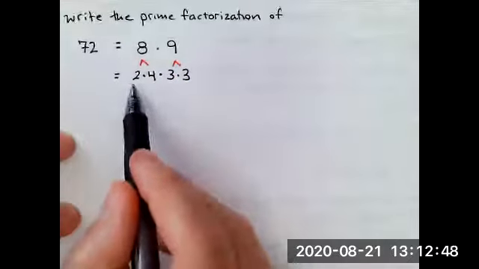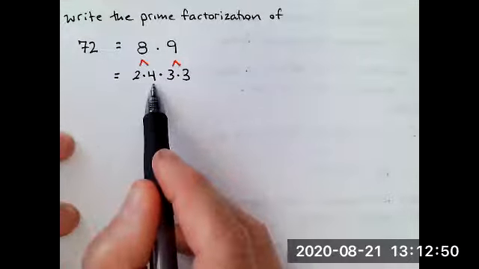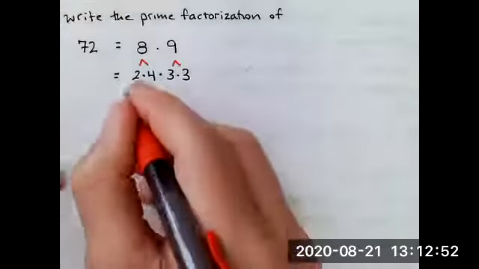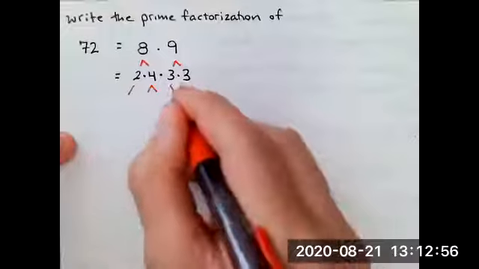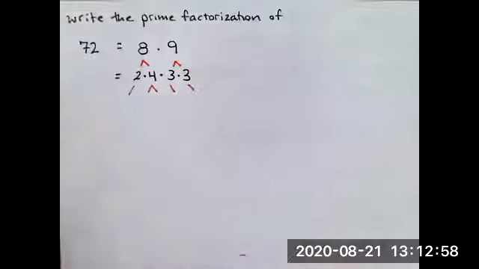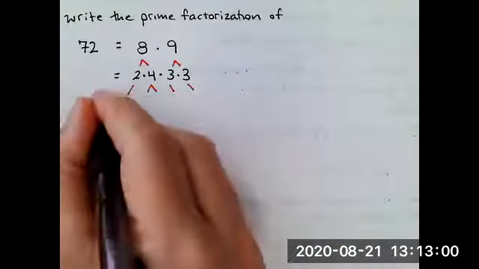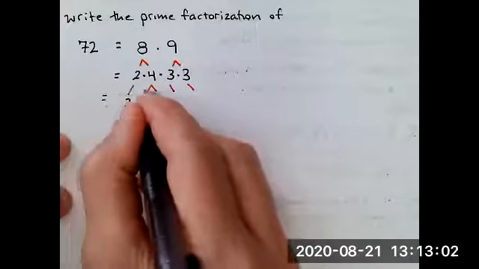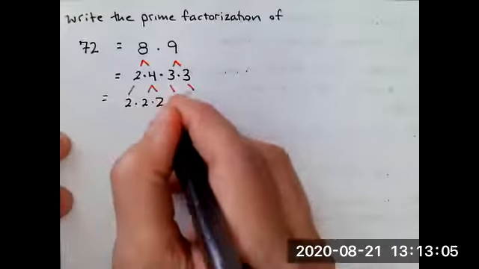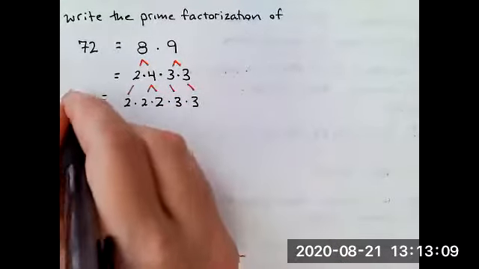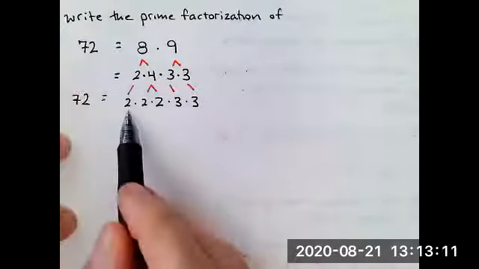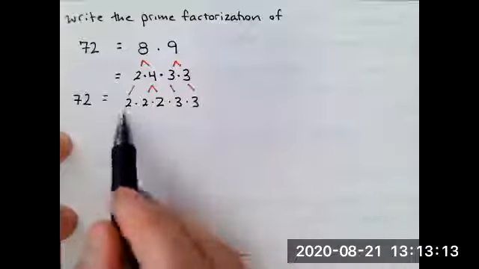And then 2 is a prime, but 4 is not. Let's bring down the 2, but break down the 4. 3 is a prime, and 3 is a prime. We get 2 times 2 times 2 times 3 times 3. And you just check that every one of those is a prime.